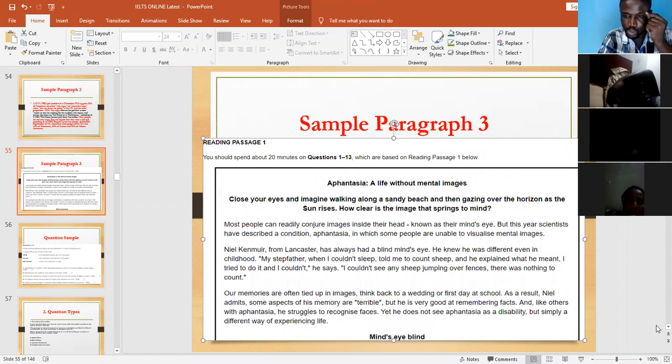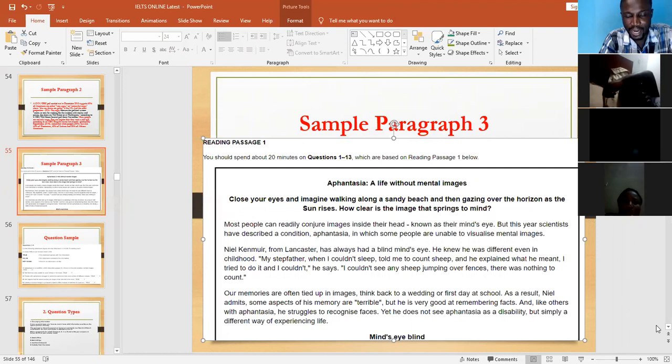If you look at this whole paragraph, what is the main idea? The first sentence was asking, can you close your eyes and imagine things? The second sentence was saying some people can conjure images and some people cannot.